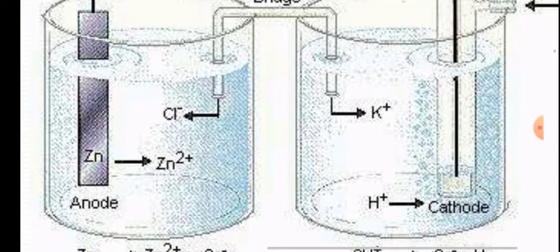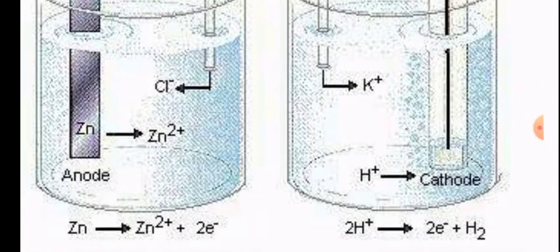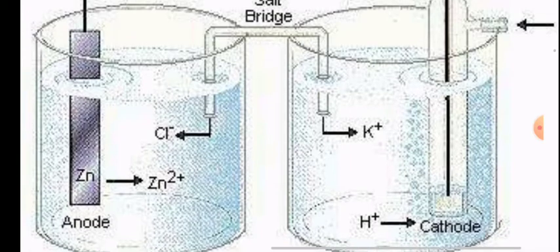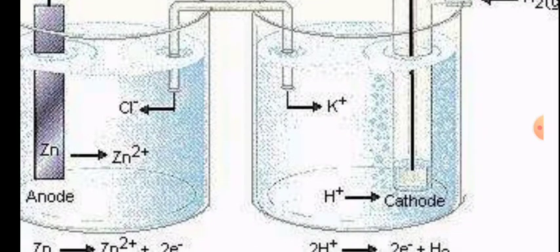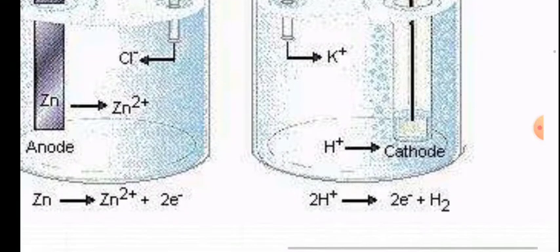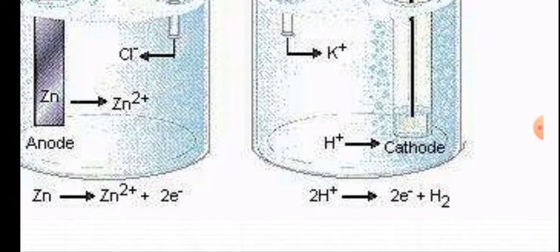And on the other hand, there will be a hydrogen ion or acidic solution, and that H+ reaches the electrode, that is the platinum electrode here. The hydrogen electrode is combined with the platinum electrode, and it accepts electrons.